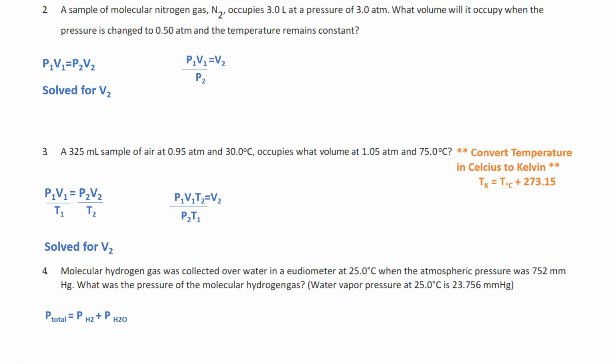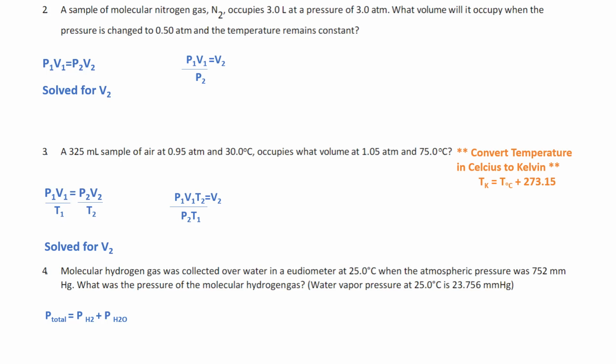All right, the third question asks about a sample of molecular gas, nitrogen gas, occupying 3 liters at a pressure of 3 atmospheres. So that's our initial volume, 3 liters, and our initial pressure is 3 atmospheres. And it says, what volume will it occupy when the pressure is changed to half an atmosphere and the temperature remains constant? So again, we can look at the ideal gas law, but at any time we can just use one of the other laws that are just looking at 2 variables.